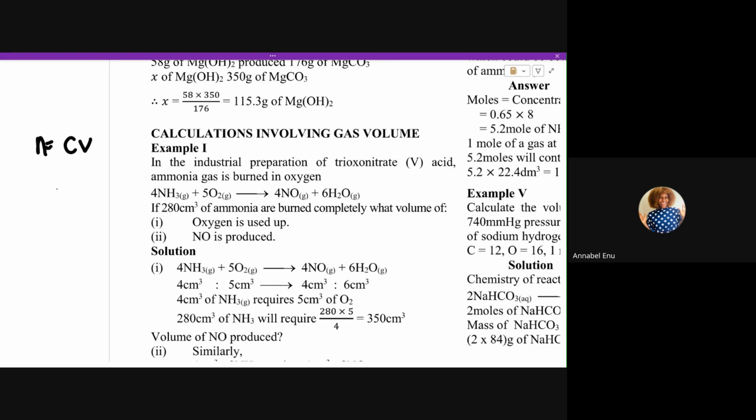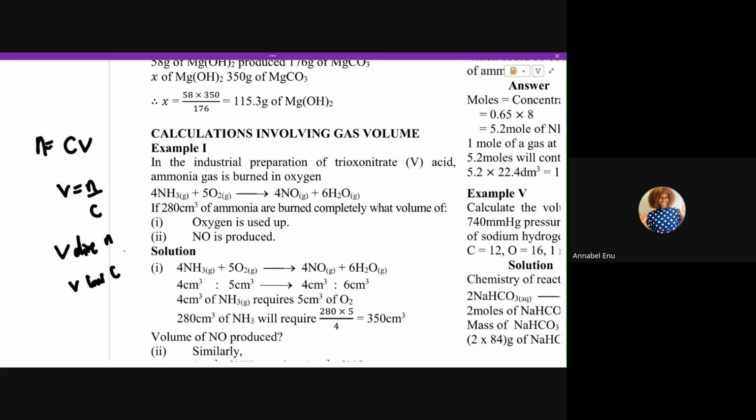And then volume would mean number of mole divided by concentration. What does this mean? This means that volume is directly proportional to number of mole, and volume is inversely proportional to concentration. That is to say, there is a relationship between volume and mole.